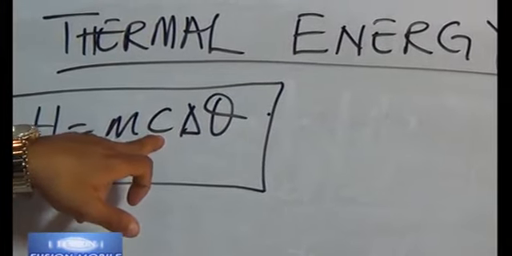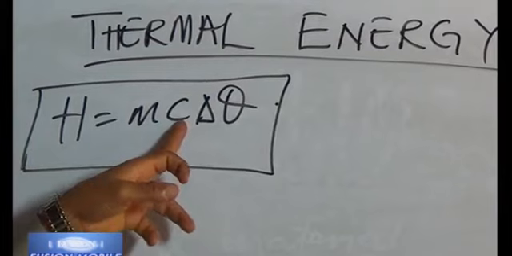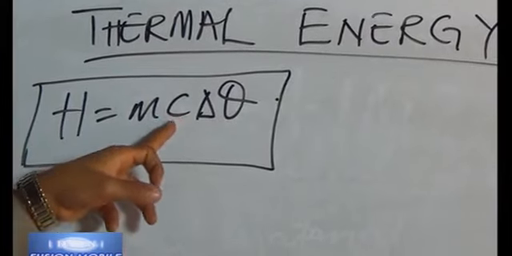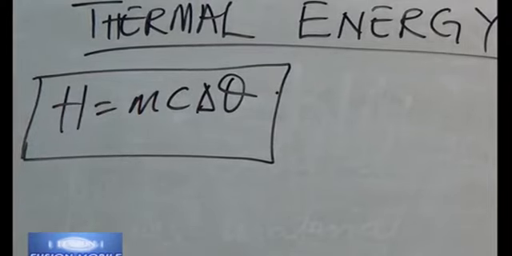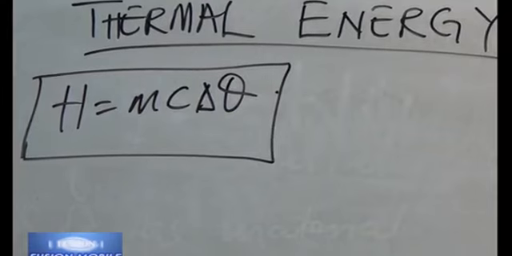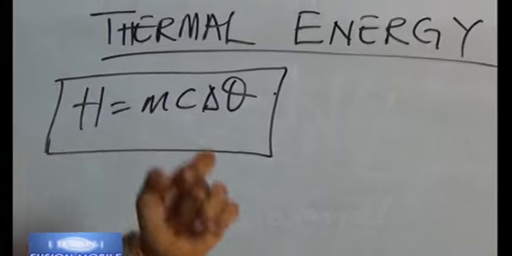Looking at this equation, we see the constant of proportionality C, which is the specific heat capacity. I know you may be asking, what is specific heat capacity? Now we introduce and define it. From the name, specific means it's doing a particular job.